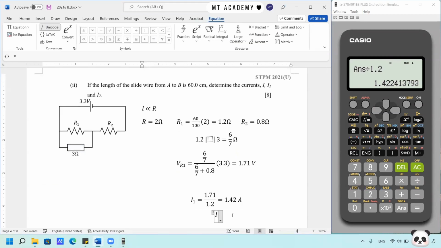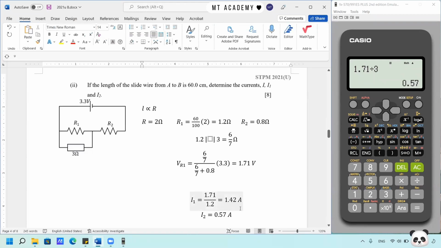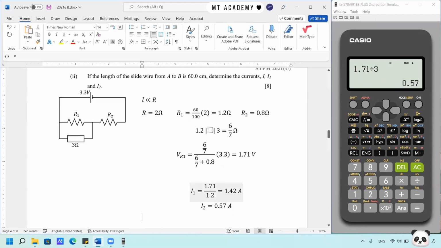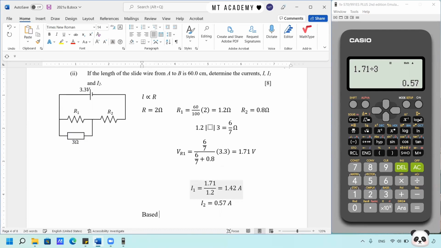And then we can obtain I2. We use the same voltage, 1.71 divided by 3 ohm, and you obtain 0.57 ampere. And then to obtain the total current, based on Kirchhoff's current law, we can use KCL because it's simple.